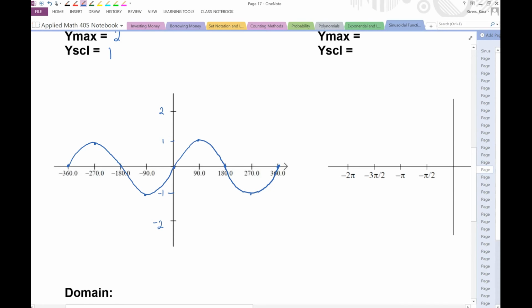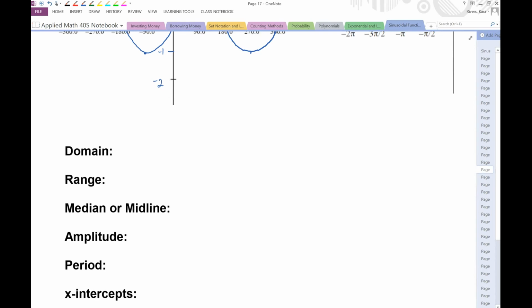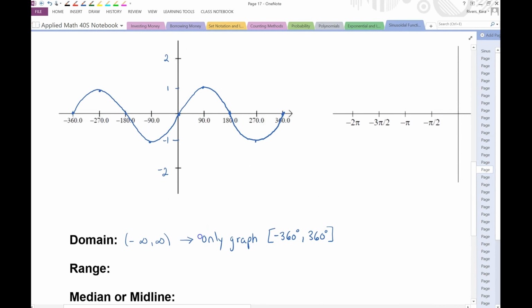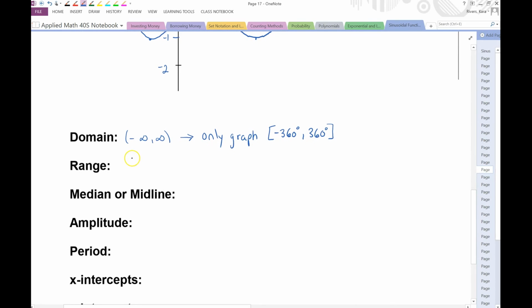So, in terms of our domain, the domain of the sine function does go from -infinity to infinity, but in this case, we've only graphed from -360 degrees to 360 degrees. Okay? Now our range, that's our y values, they go from -1 to 1. We don't surpass that.